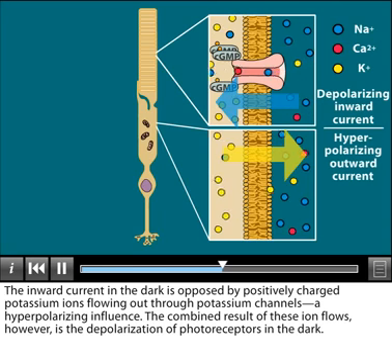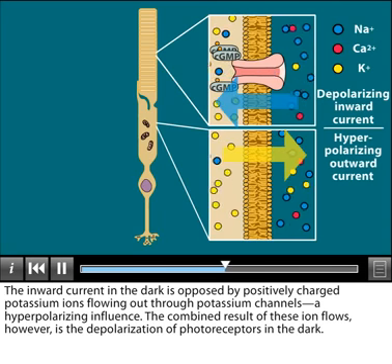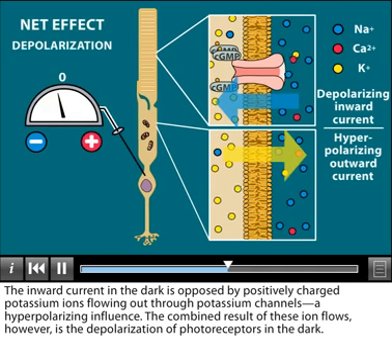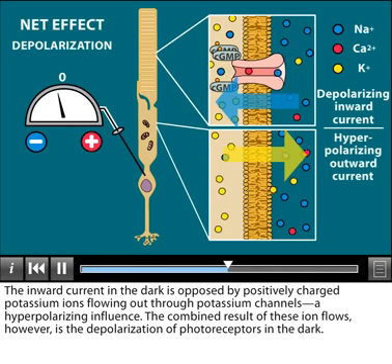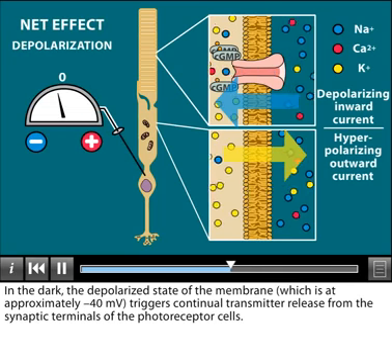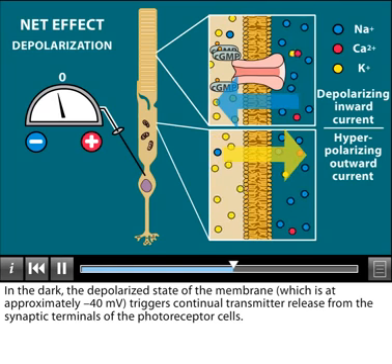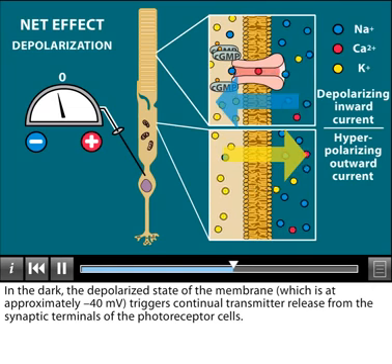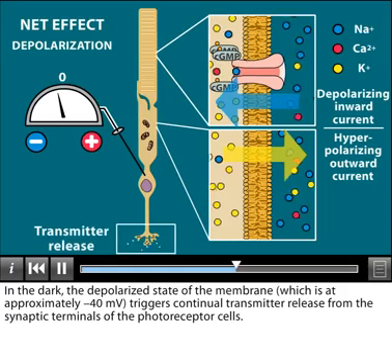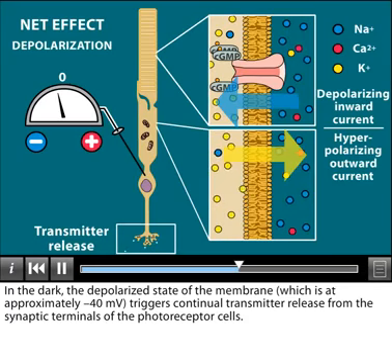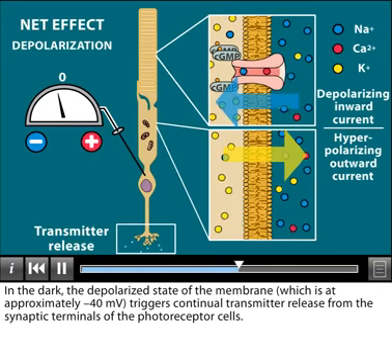The combined result of these ion flows, however, is the depolarization of photoreceptors in the dark. In the dark, the depolarized state of the membrane, which is at approximately -40 millivolts, triggers continual transmitter release from the synaptic terminals of the photoreceptor cells.